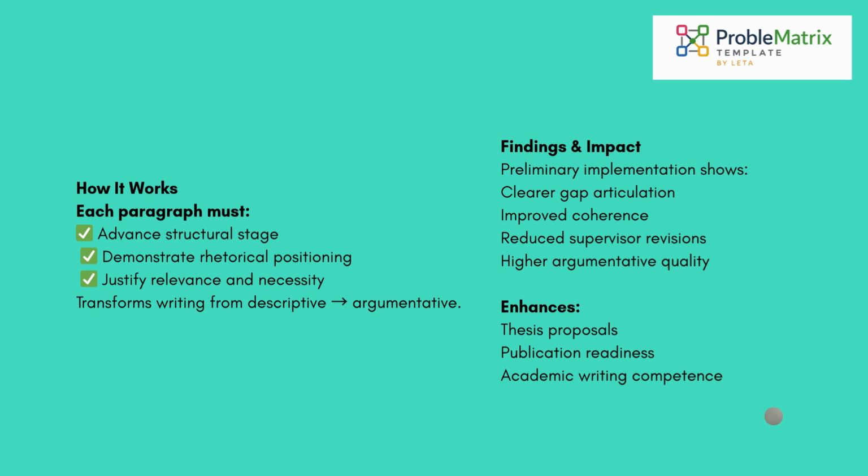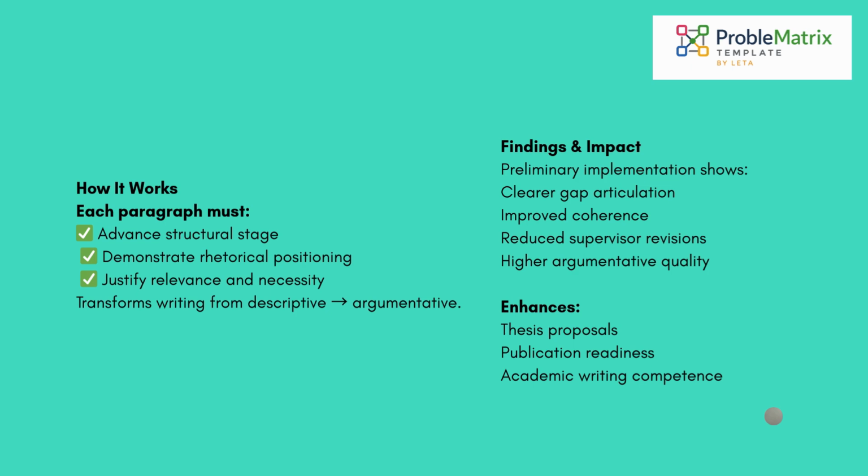The matrix forces alignment, which removes vague statements like "few studies have been done." Instead, students must specify what exactly is missing, why it is missing, and why it matters. This is how descriptive writing turns into an argumentative one.